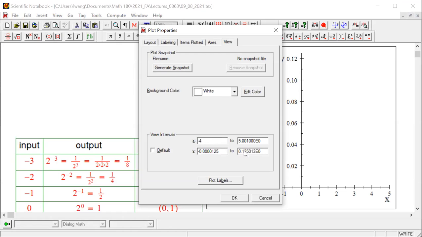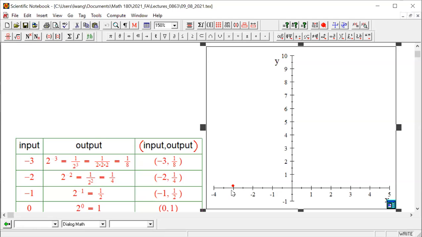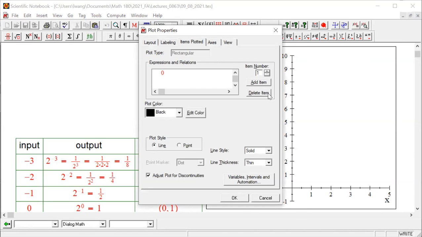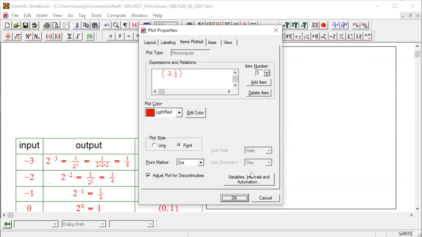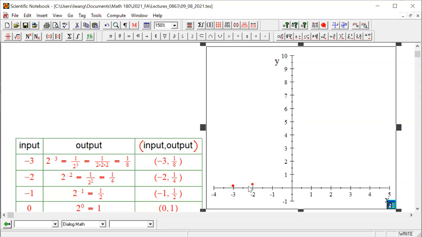The scale needs to be worked out. It's right there, so this point is -3, 1/8. I want you, after class, to plot these points one by one. And the next point, a red dot there, and you mark each point.